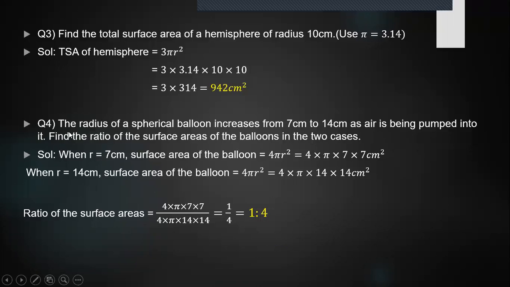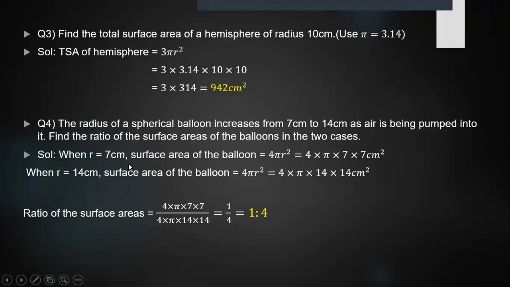Question number 4. The radius of a spherical balloon increases from 7 centimeters to 14 centimeters as air is being pumped into it. Find the ratio of the surface areas of the balloons in the two cases.